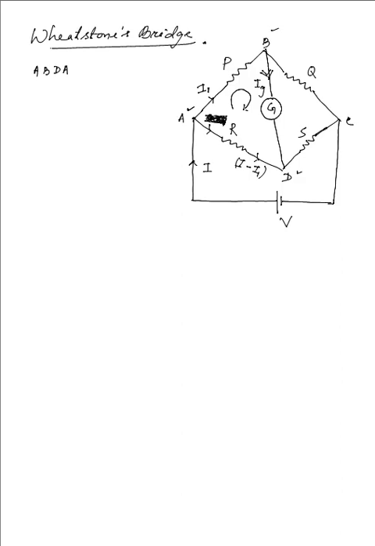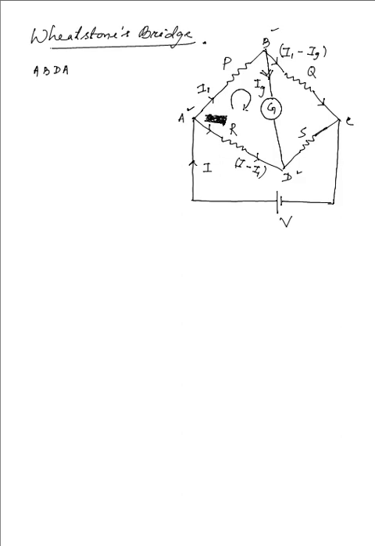So Ig flows from B towards D through the galvanometer G, and because I1 was the current entering the junction B, out of which Ig has been drawn by the galvanometer, the current from B towards C has to be equal to I1 minus Ig. As simple as that. So this is I1 minus Ig.